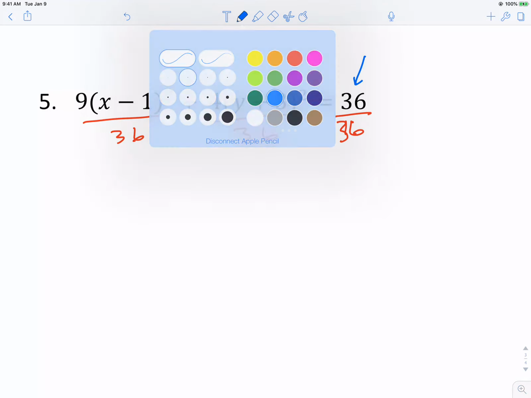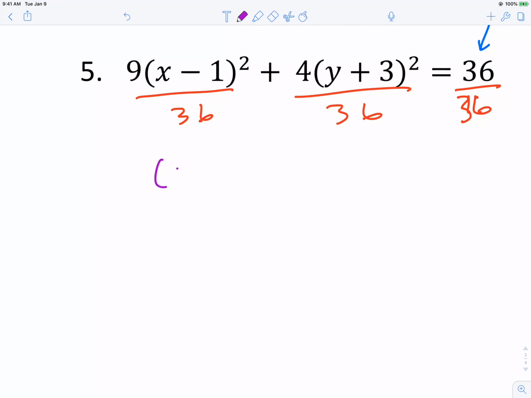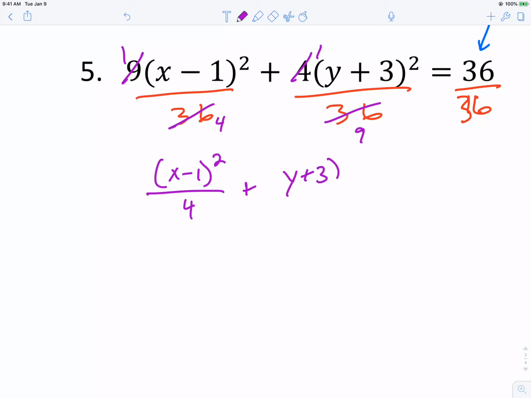A lot of times, these will reduce on the left side where the numerator just becomes 1. So 9 into 36 is what, 1/4? 4 into 36 is 1/9. And there's my 1. Yes, it's in the proper form.